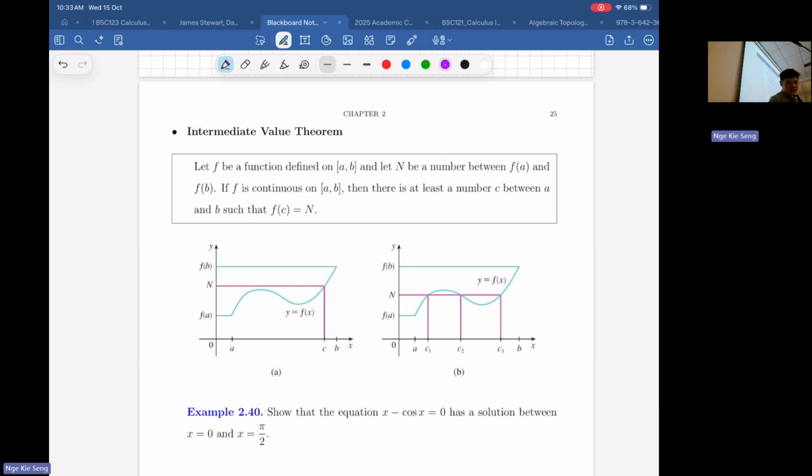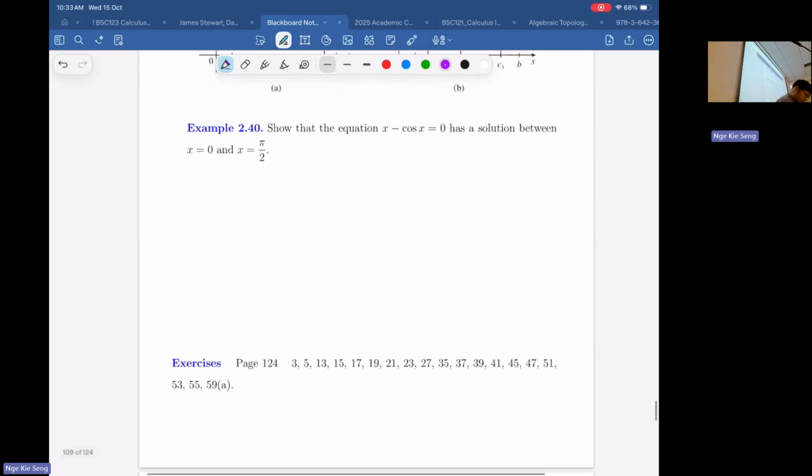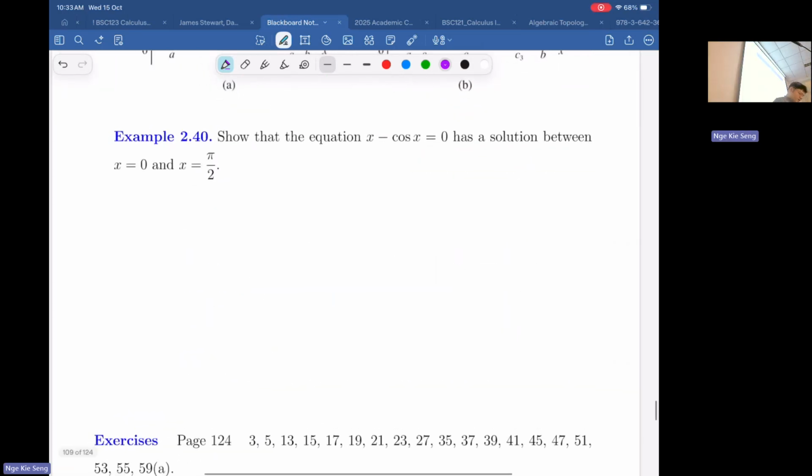So let's see how we use this theorem here. Now we want to show that the equation x minus cos x equals 0 has a solution between x equals 0 and x equals pi over 2. What does it mean for this equation to have a solution? You need to find an x such that this equation holds.